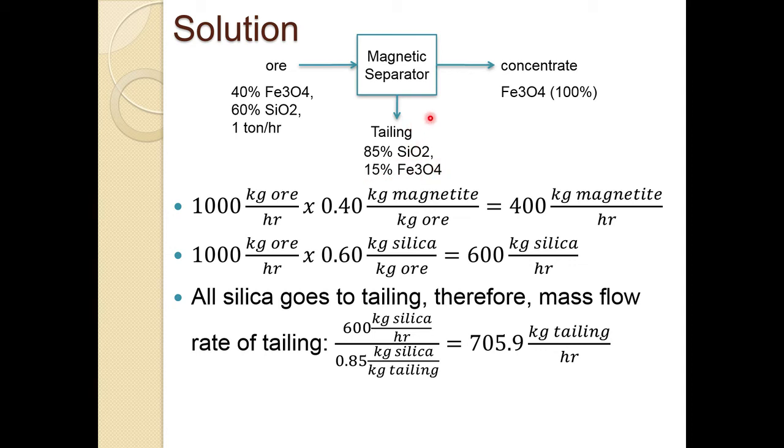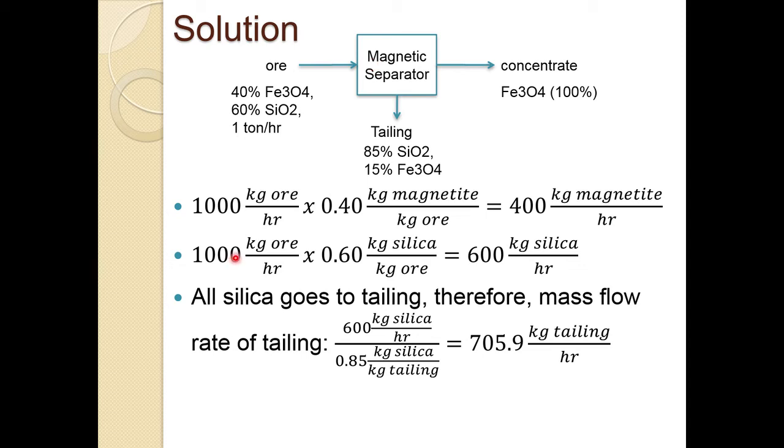Now, because we have 1 ton per hour, which is 1000 kg per hour, and 40% magnetite, we can know how much magnetite per hour. So, 0.4 kg magnetite per kg of ore is going to give you about 400 kg magnetite per hour, which is going through the magnetic separator.